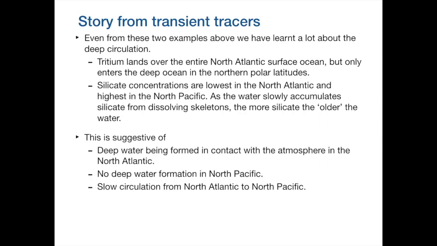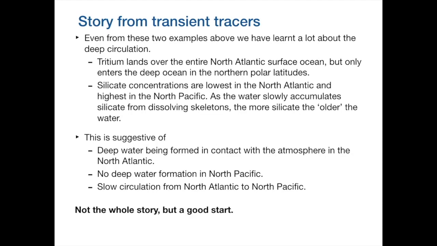So this is suggestive of our deep water circulation, that the deep water has been formed in the North Atlantic in contact with the atmosphere, and that there's no deep water formation in the North Pacific. Otherwise, the silicate concentrations there would be much lower. So it's reasonable to assume that there is this circulation between the North Atlantic and the North Pacific.